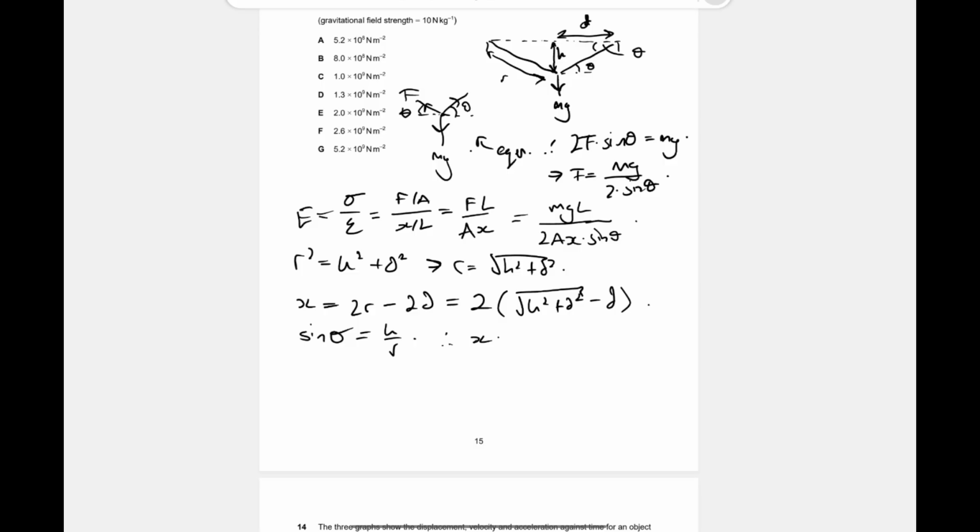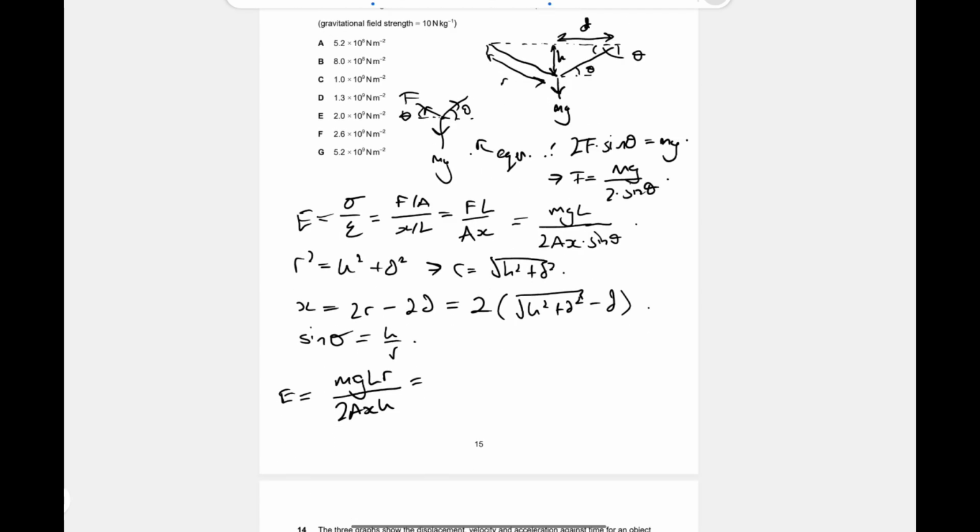So we can put everything together, and then what we get is that E equals mgLR over 2AXH, which is not very nice.